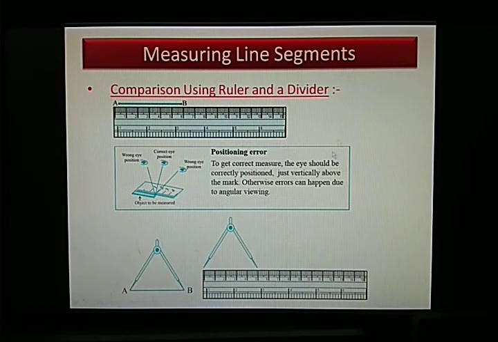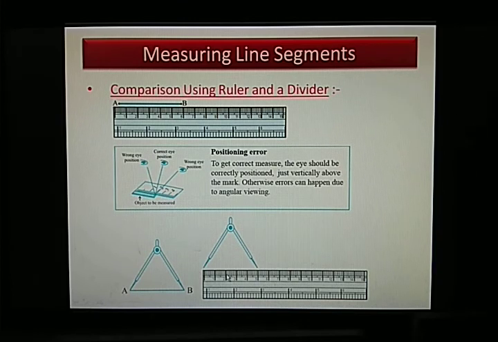So we know what a divider is. This thing is a divider. With the help of a divider, we will place one point of the divider on one of the endpoints A and the other pinpoint on the other endpoint B. Then without making any changes in this divider, we'll just take it up and place it on the ruler.